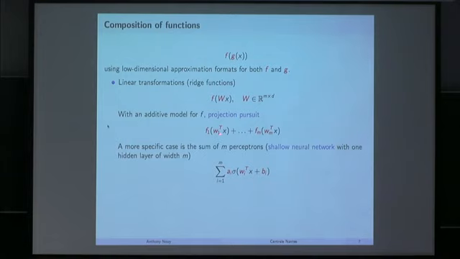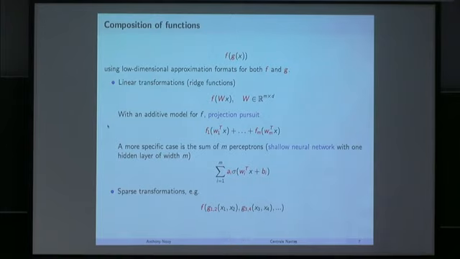And an even more specific format, which is a particular case of this, is when for the function f you take something very simple, which is a rescaled and shifted, so-called activation function sigma, a fixed function sigma, and you obtain what is called a shallow neural network. Each function here is sometimes called a perceptron.